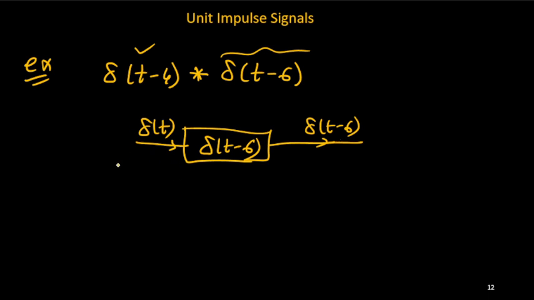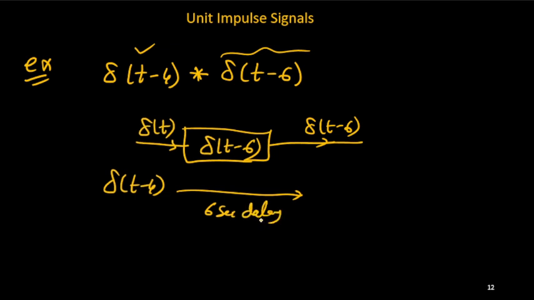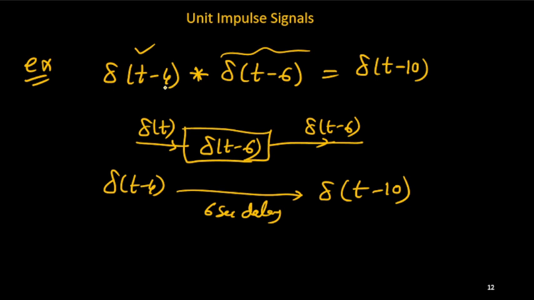Now if the input is delayed further by 4 seconds, the output will be further delayed, a 6 second delay should be introduced. So delta will remain delta. It was a 4 delay, 4 plus 6 becomes 10, so it is delta(t minus 10). Basically these two delays are added.